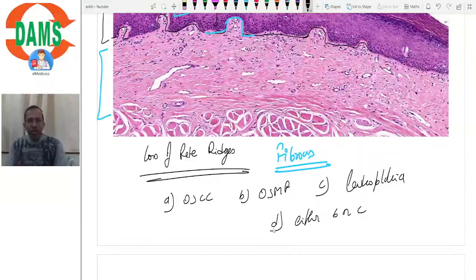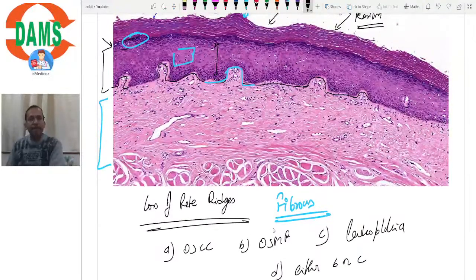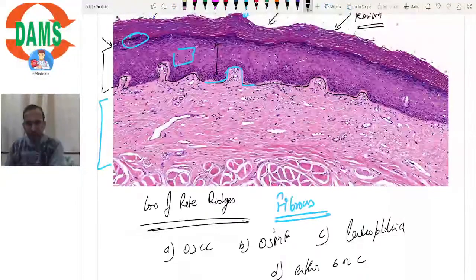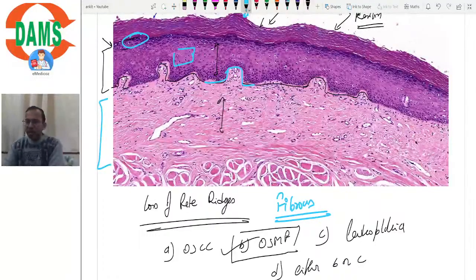Is it OSCC, OSMF, leukoplakia or either B or C? क्या लगता है क्या होगा? The answer would be, since fibrosis is seen, increased keratin is seen, loss of rete ridges is seen, it would be OSMF, isn't it? It would be OSMF. Option B, isn't it? तो इजी है ना आइडेंटिफाई करना.